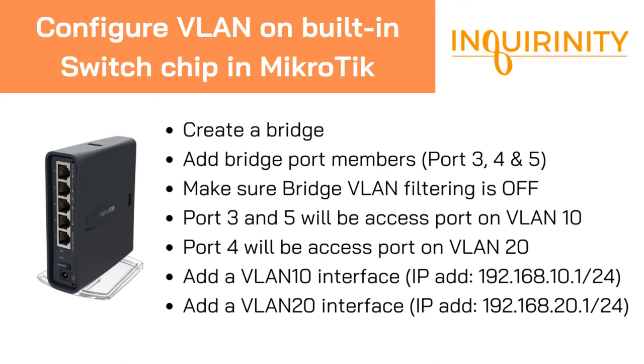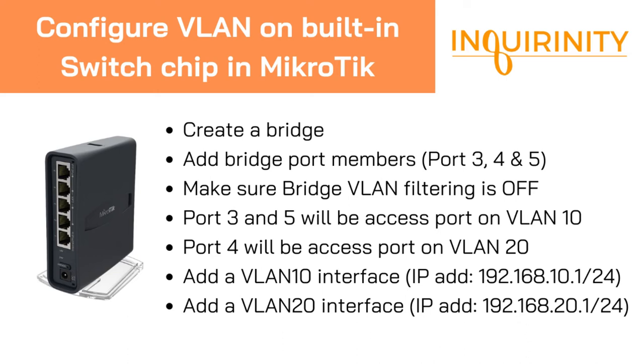We will add a VLAN 10 interface, or a layer 3 interface, with an IP address assignment of 192.168.10.1/24, and we will also have a VLAN 20 layer 3 interface with an IP address of 192.168.20.1/24.